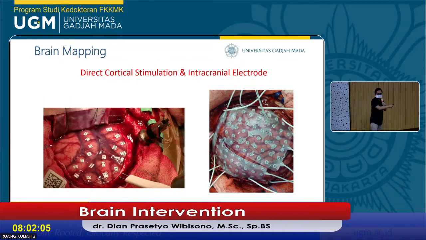We cannot see it right here, but from the imaging we can see that the tumor is located in an eloquent area, an important area, near the language area. Now, if we don't know the boundaries, which one is normal, which one is abnormal or has the function for language, it can be catastrophic, because when we resect the tumor, maybe we also resect the important part.